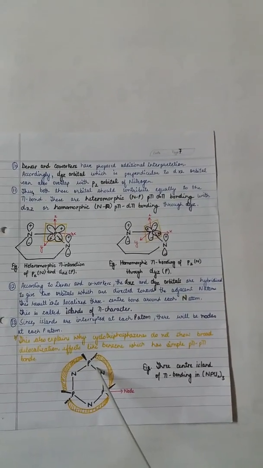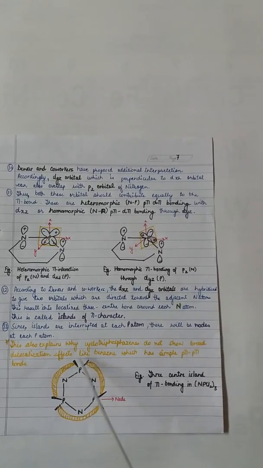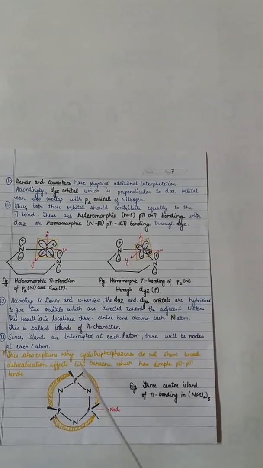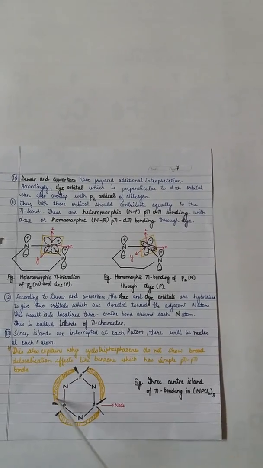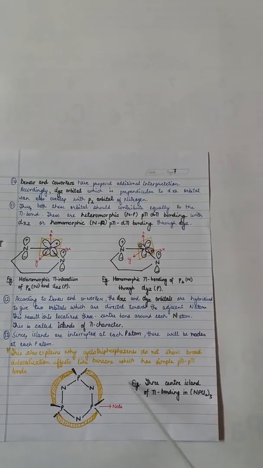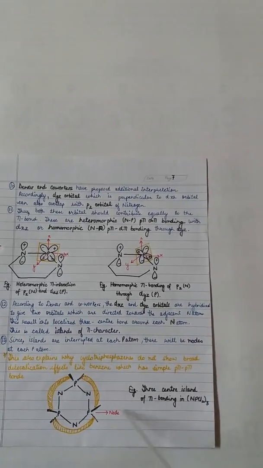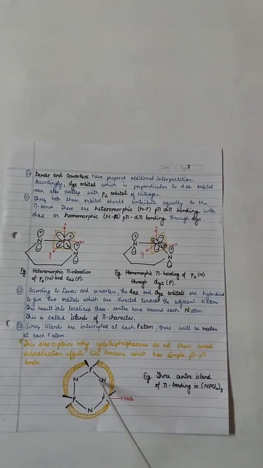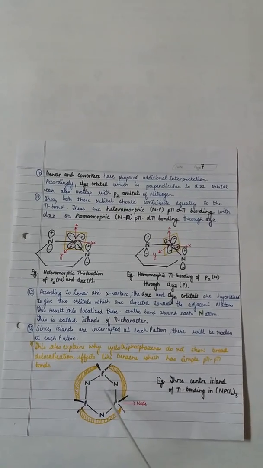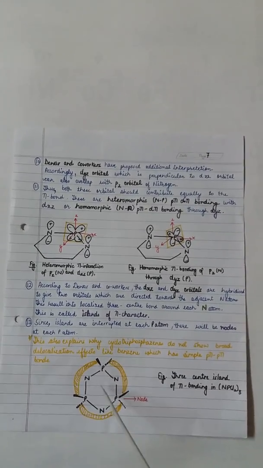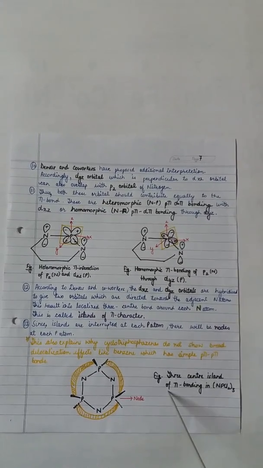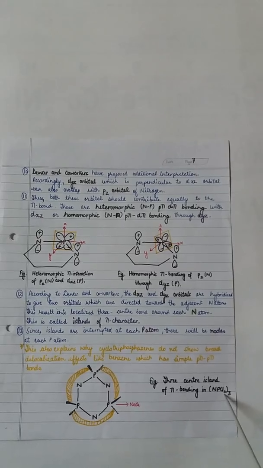You can see they are not completely covered by the electron cloud, because in benzene the cloud of electrons is present on the upper side of the ring and also on the lower side, but here there is interruption at each phosphorus atom. That's why it does not show the delocalization effects as that of benzene. So this is a 3-center island of pi bonding in (NPCl2)3.